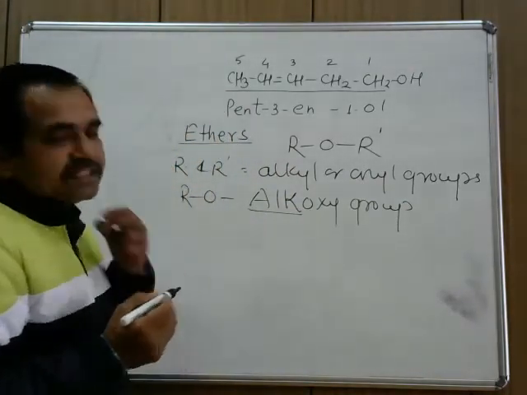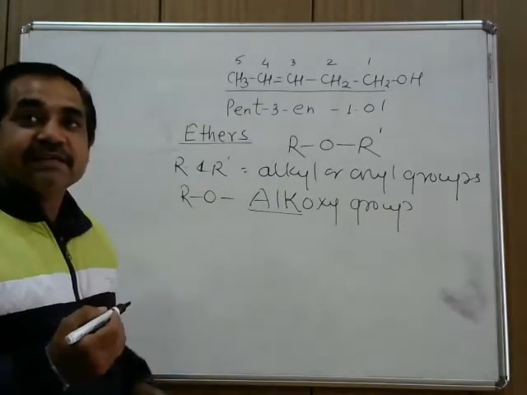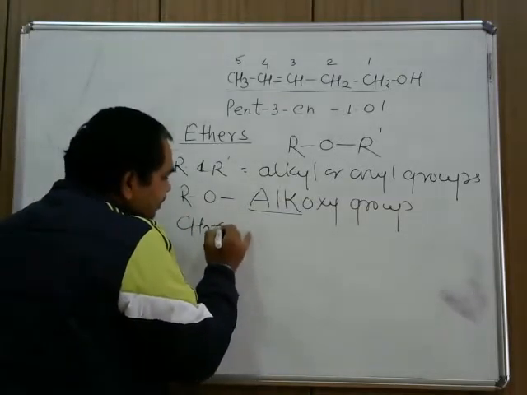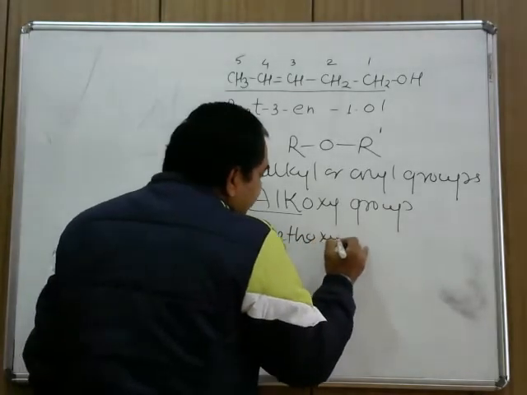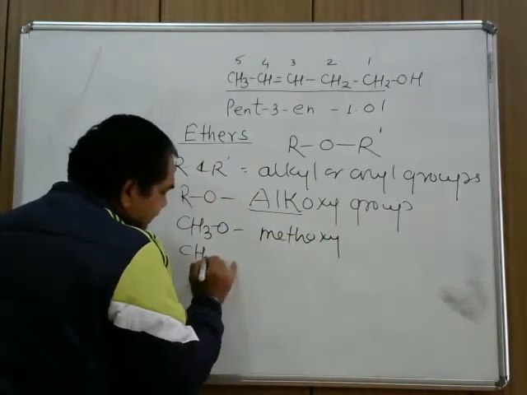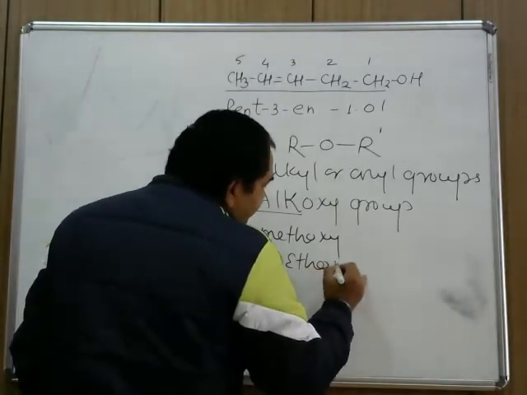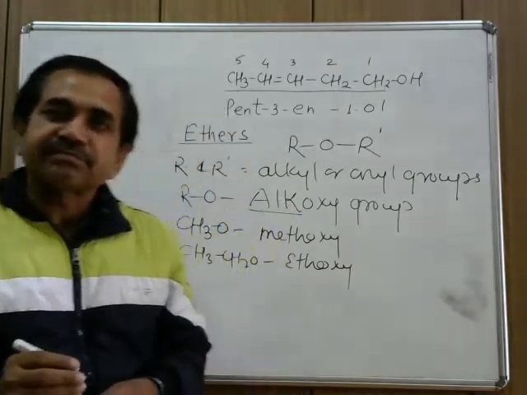If it is 1, then it is called a methoxy group. If it is 2, then it is called an ethoxy group. Say for example, we have CH3O group, then it is a methoxy group. If it is CH3CH2O, then it is called an ethoxy group, then propoxy group, butoxy group, and so on.